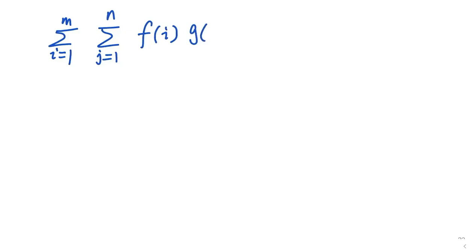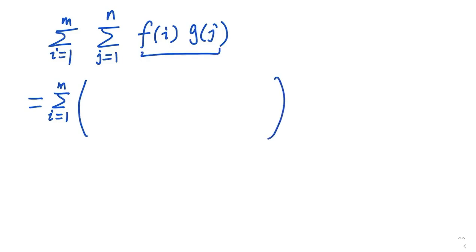In general, if we have a nested sum over i from 1 to m, sum over j from 1 to n, of f of i times g of j, we can always do this. Sum over i from 1 to m. f of i is independent of j, so we can take it out: f of i times the sum over j from 1 to n of g of j.